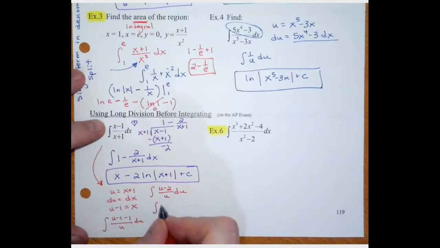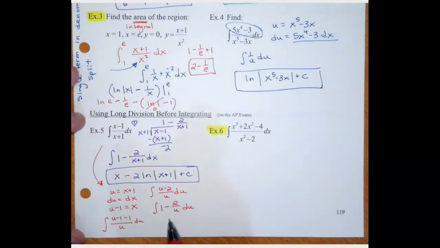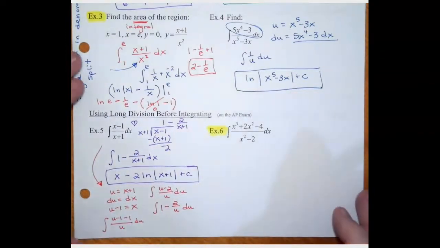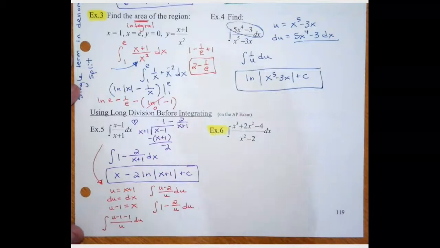So that's going to be 1 minus 2 over u. Okay. And now we can integrate that, and then we would need to substitute back in, and we would get that. I don't know that we need to finish that necessarily. Hopefully you can try that if you want to.